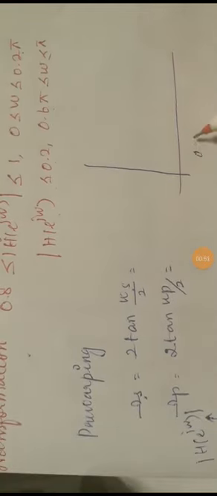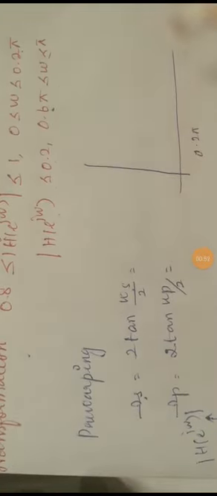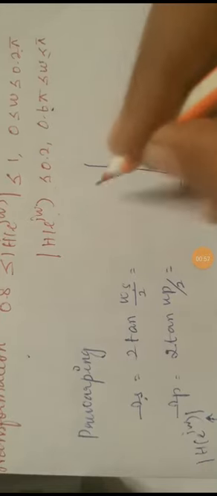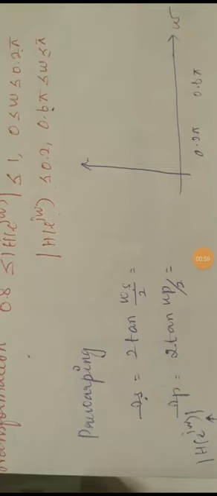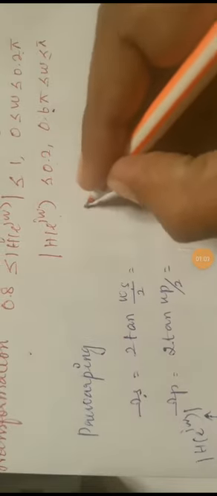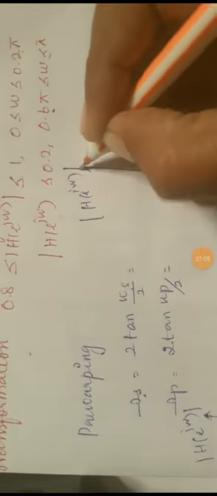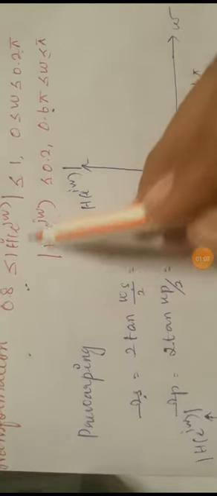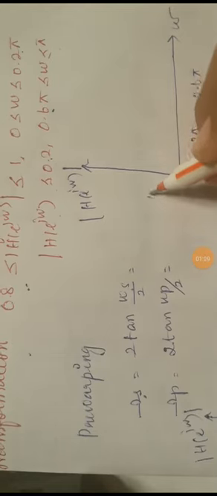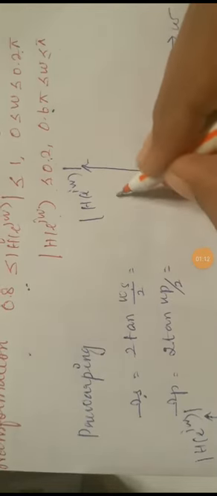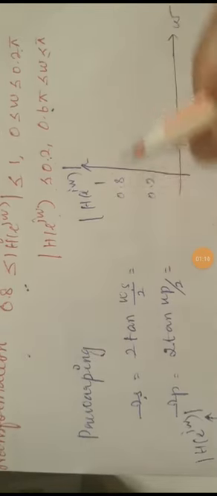So I am writing here 0.2 pi and again 0.6 pi for digital omega values. The magnitude values are 0.8 and 0.2. So you substitute those values here, 0.2 and 0.8, like this.